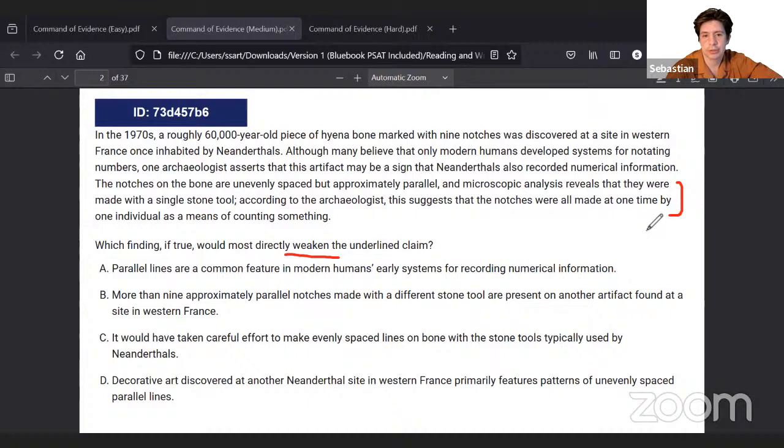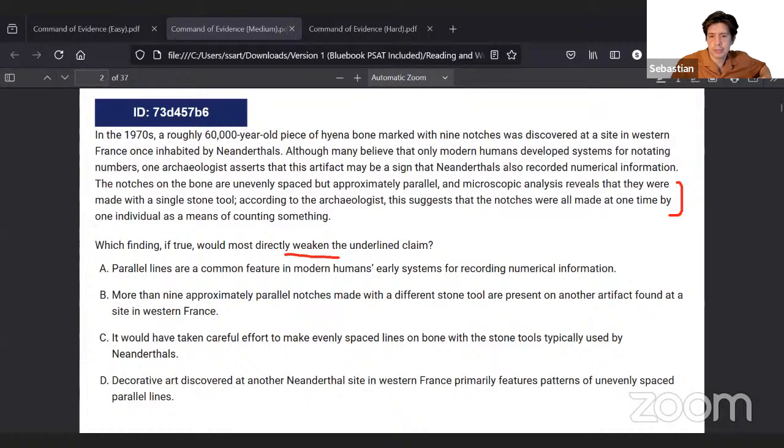A, parallel lines are a common feature in modern humans' early systems for recording numerical information. B, more than 9 approximately parallel notches made with a different stone tool are present on another artifact found at a site in Western France. C, it would have taken careful effort to make evenly spaced lines on bones with the stone tools typically used by Neanderthals. And D, decorative art discovered at another Neanderthal site in Western France primarily features patterns of unevenly spaced parallel lines. Okay.